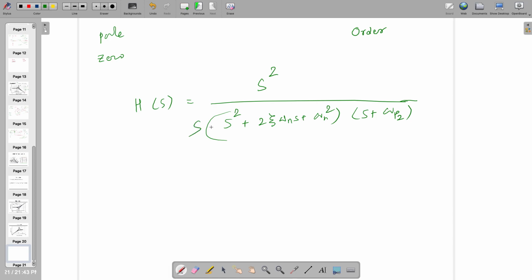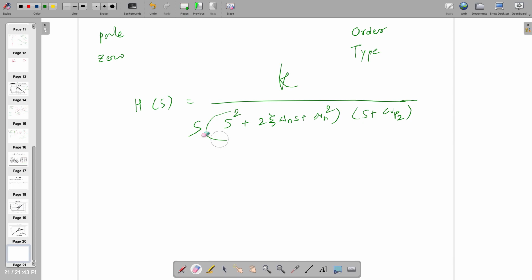Okay, 4 now. Now the type of the system is 1, right? We know all the pole locations. When we find them out, those pole locations are known to you.